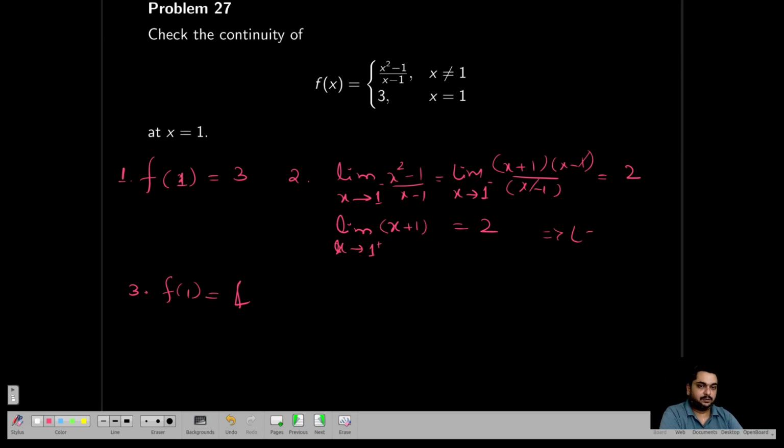What is the f of 1 value here? So this is not equal. f of 1 is 3. So that means it is discontinuous. So what kind of discontinuity is it? It is a jump. Oh, sorry, not a jump, it's a removable.